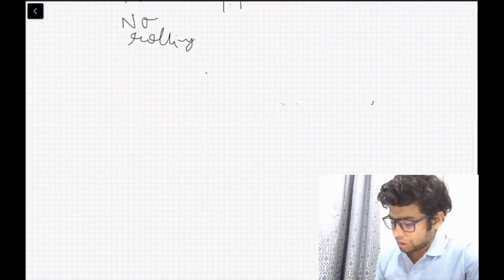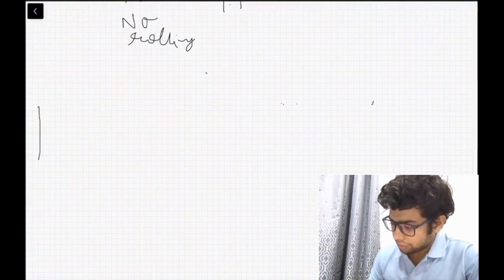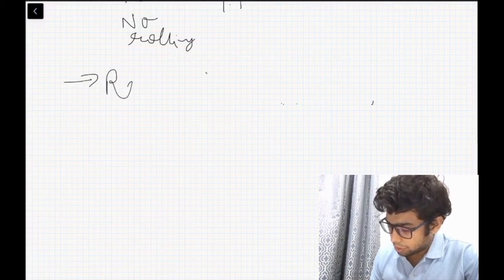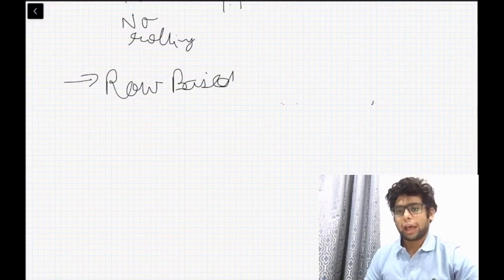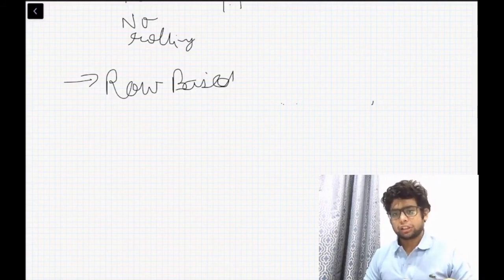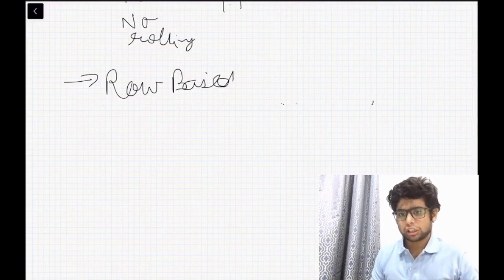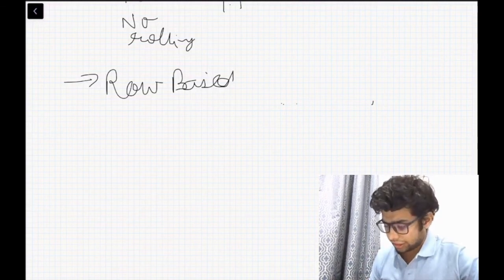Another is row-based replication. In row based replication, what happens is that we apply the changes that are applied to the rows of the master to the slave. So let's say we do an update statement.